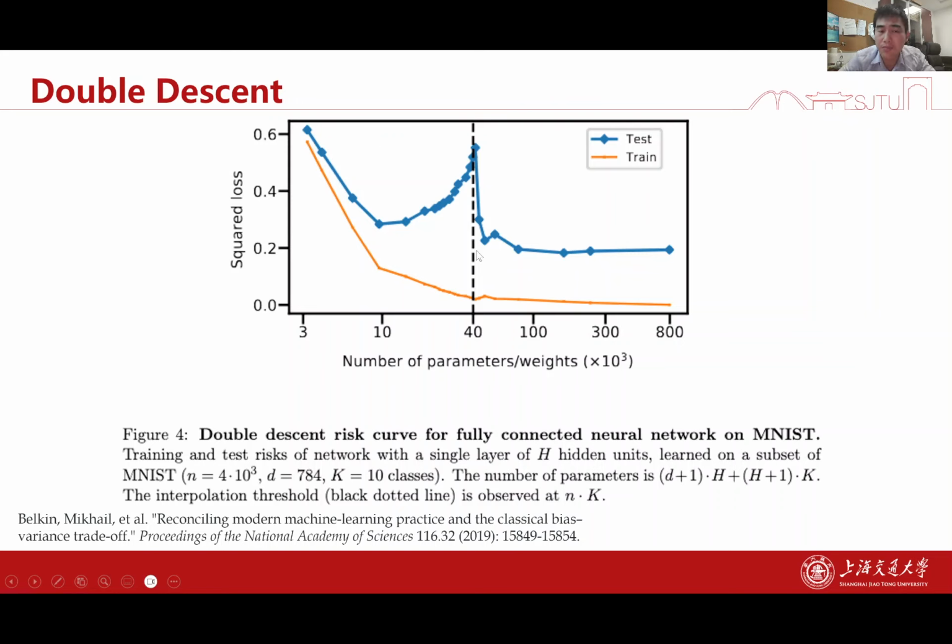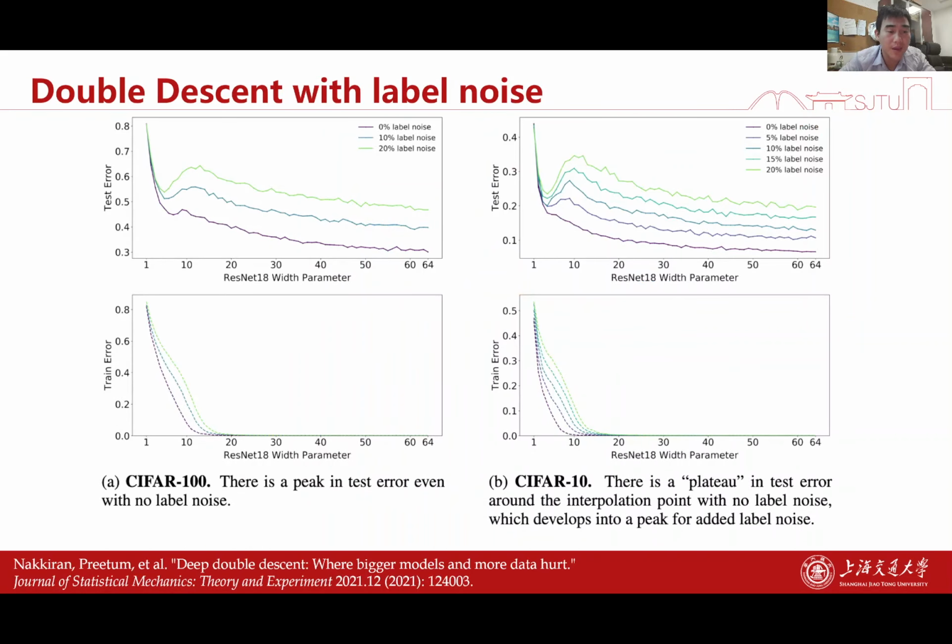This phenomenon has a stark difference from the traditional learning theory, so it draws a lot of attention. In 2021, OpenAI had a paper about this double descent. They performed extensive experiments. And very interestingly, we can see the label noise is a very important factor.